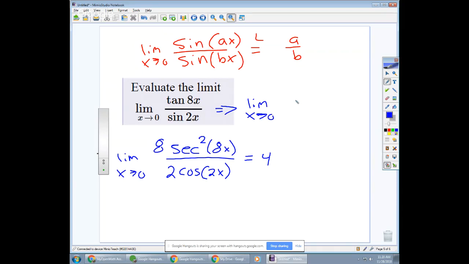Tangent is sine over cosine, so this could be rewritten as sine of 8x over cosine of 8x times the sine of 2x. You still get 0 over 0. And then you would have to apply trig identities. You could clean this up with trig identities, but that would be way more work.